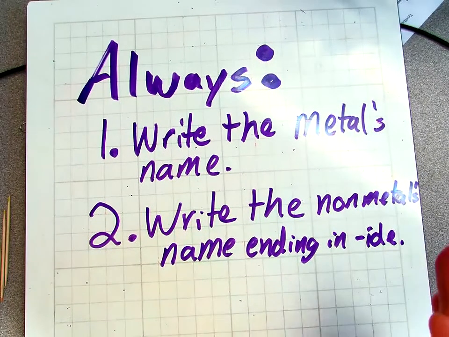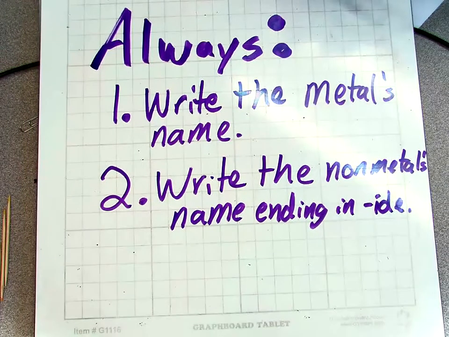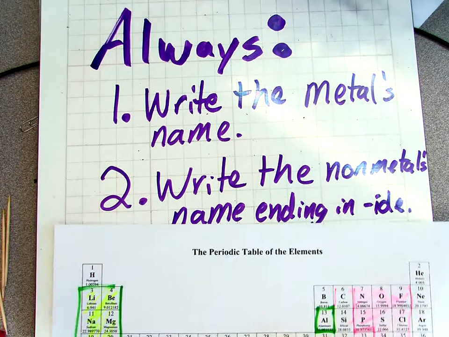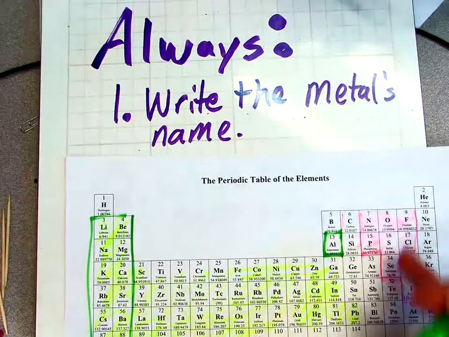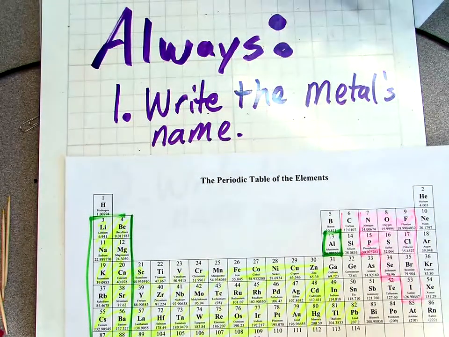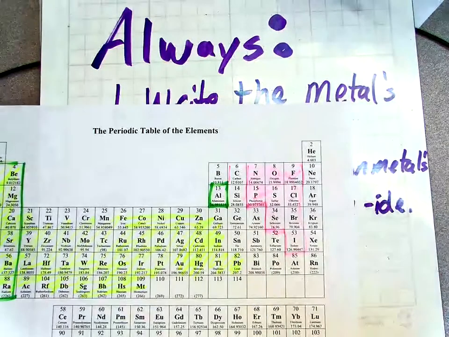No matter what, you always start with the metal's name. There's no prefix, just the metal's name. Then, if you've just got one of the ones that's in the green here or the pink here, all you have to do is write the name of the non-metal ending in "ide."